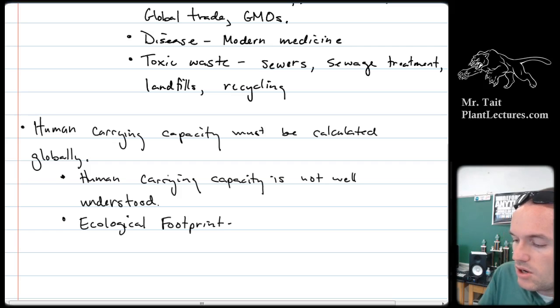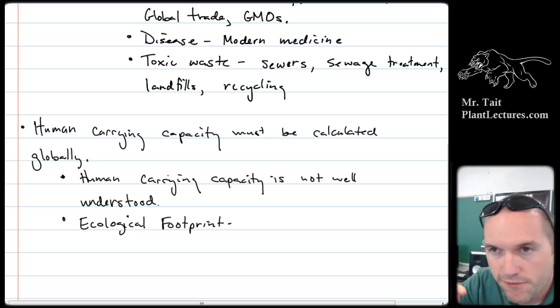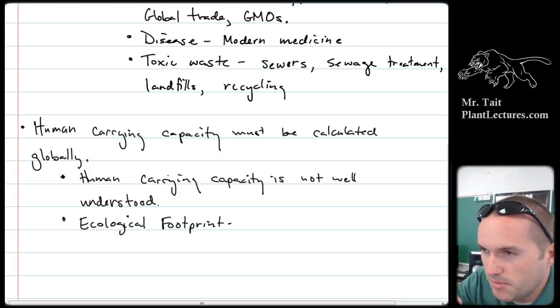The ecological footprint says how much land is required for you to grow all the food that you eat, dispose of all the waste, produce all the power, right? How much land does that take?